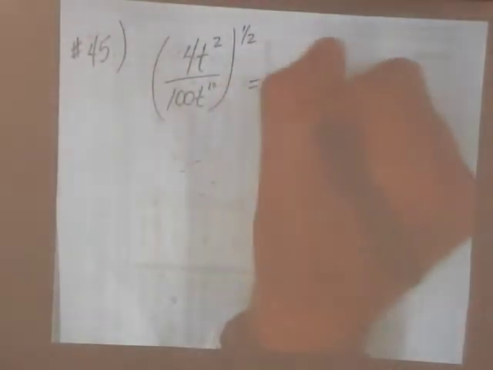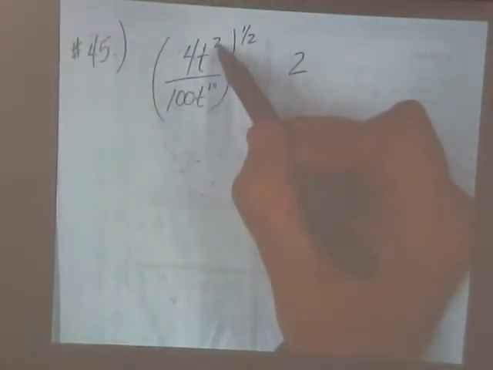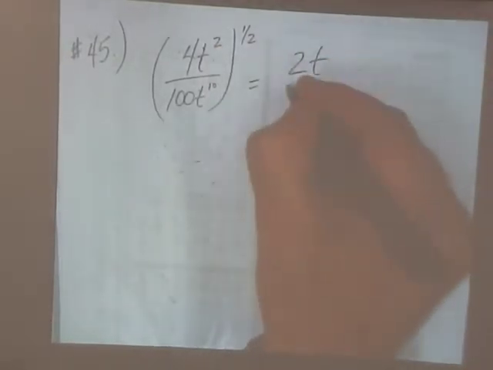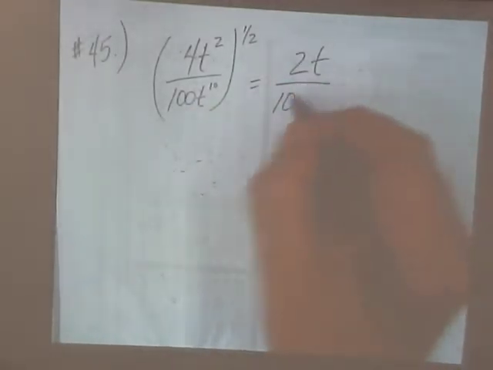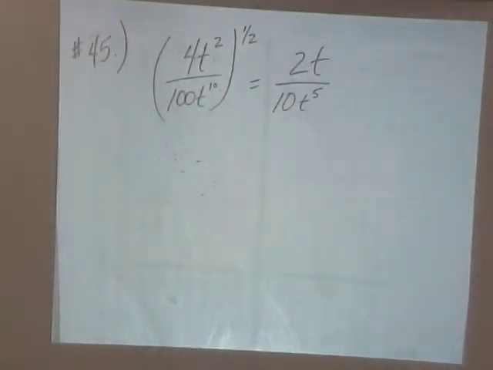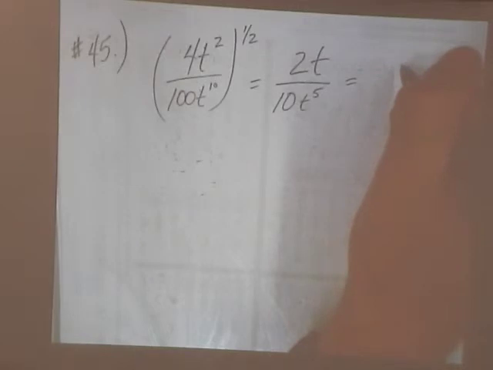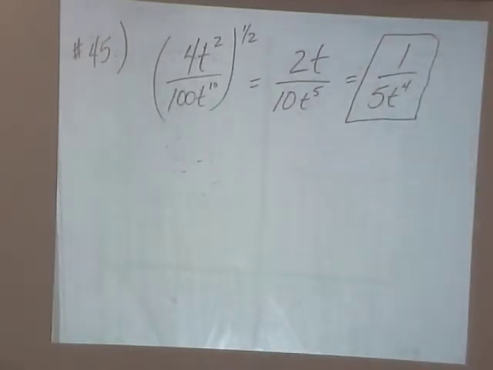Square root of 4 is 2. And here we could multiply if you want. Power over power, multiply. So it'll be t, right? Over square root of 100, 10, and multiply if you want, t to the 5th. And then we can simplify that to 1 over 5t to the 4th power. Questions on 45?